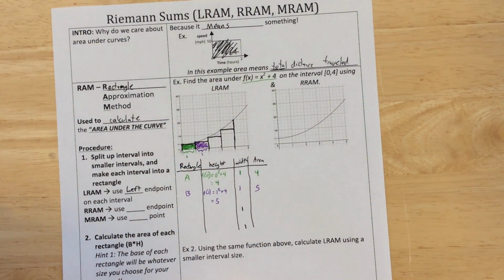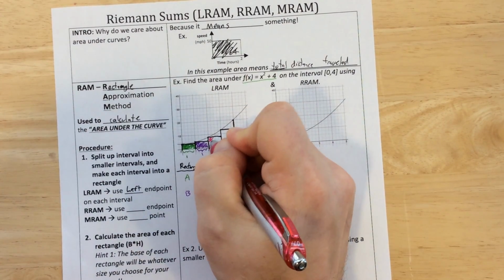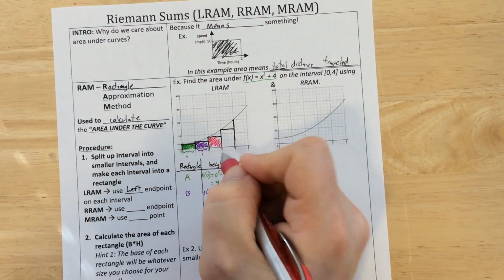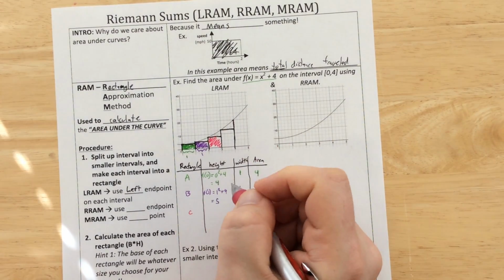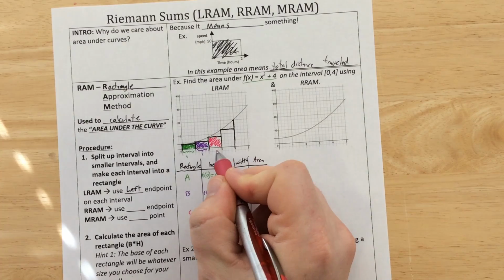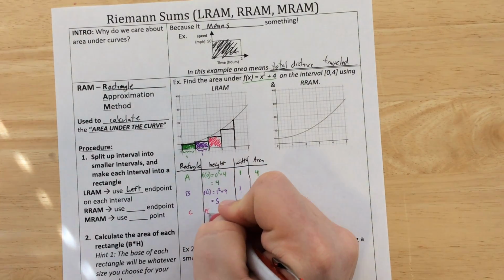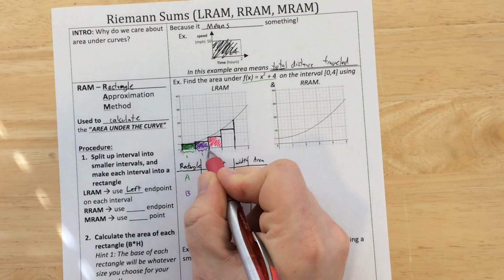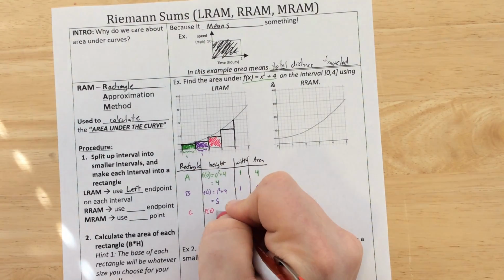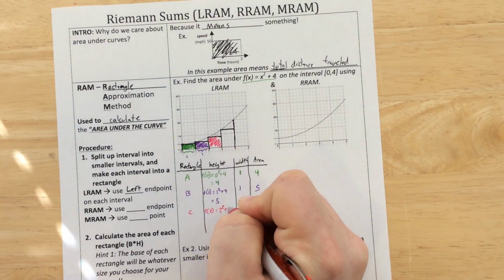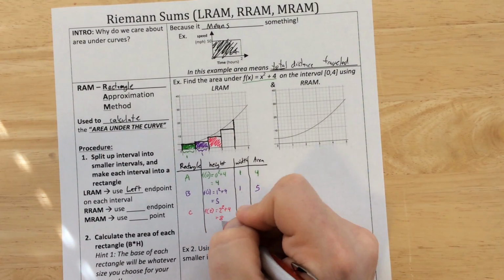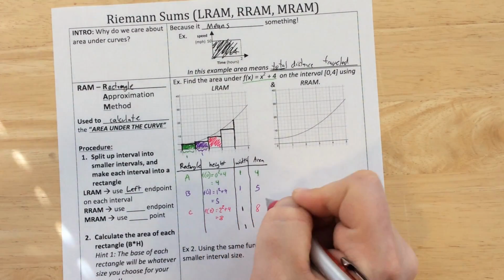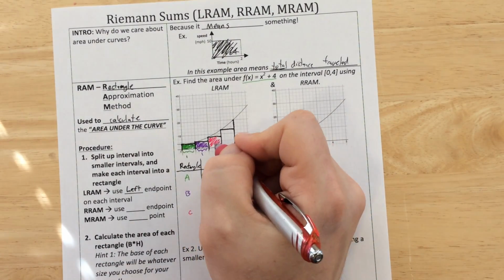The area of the third rectangle, which I'll color in pink here, again, the width is 1. The height of this third rectangle is from plugging in 2, because 2 is the left side of that rectangle. When I plug in 2 into the function, that's 2 squared plus 4. 2 squared is 4, plus 4 is equal to 8. 8 times 1 is an area of 8 for that rectangle.